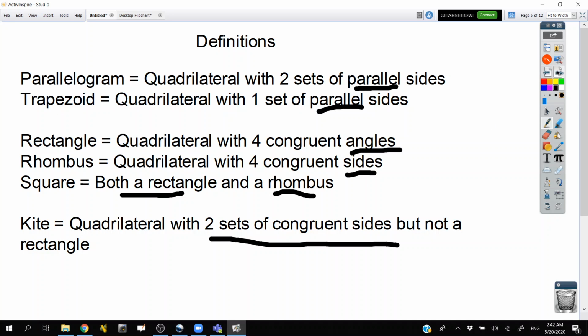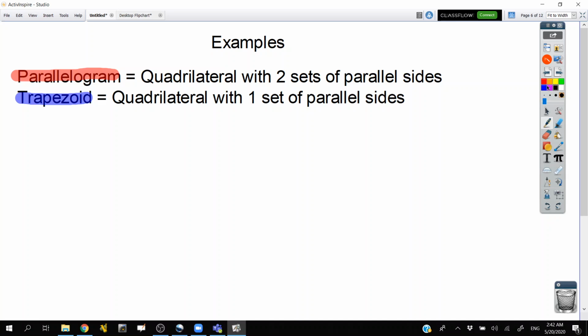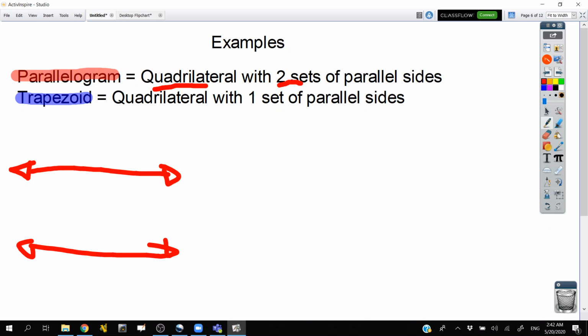So let's go look. Examples. Parallelogram, I said I'll go in red. So a parallelogram is a quadrilateral, has 4 sides, and has 2 sets of parallel sides. So I'd have 1 set of sides if I just make those parallel. Great. And then the other set of sides has to also be parallel.